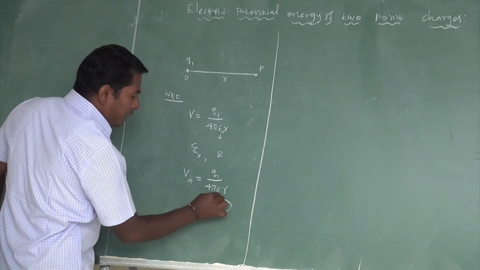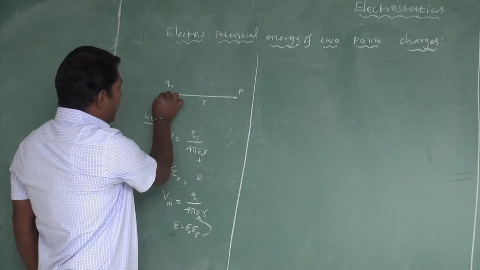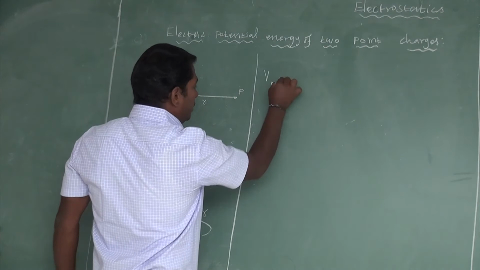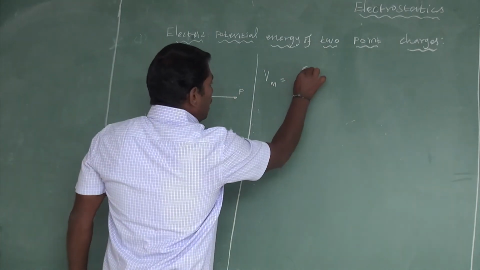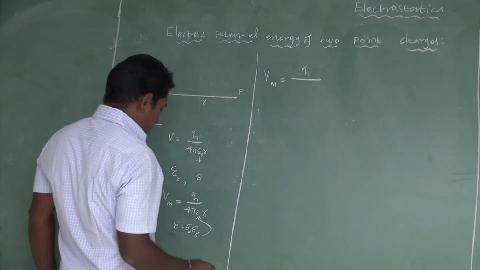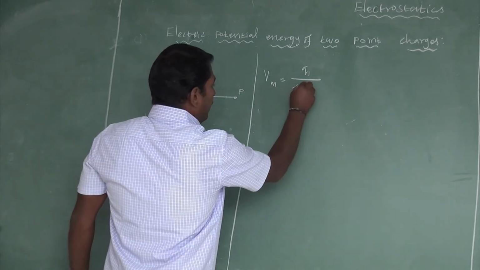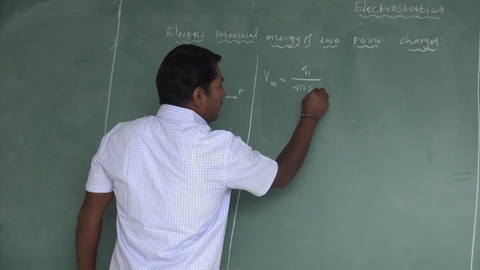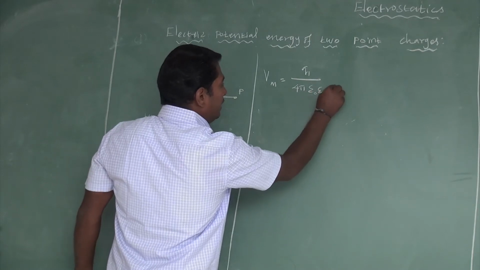Substituting this, the electric potential produced by the point charge at a point P in the medium, Vm, is equal to Q1 divided by 4 pi epsilon naught epsilon r into R.